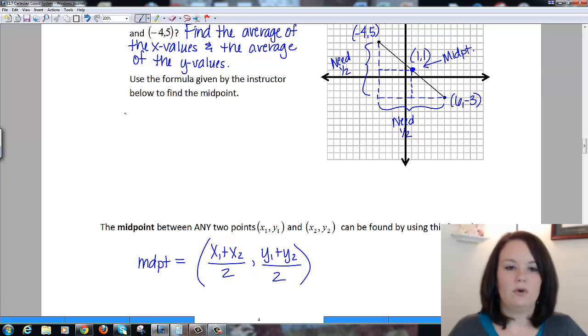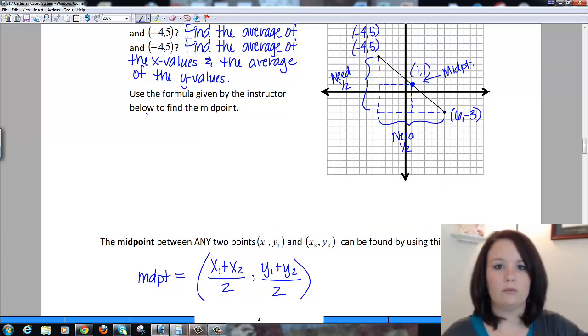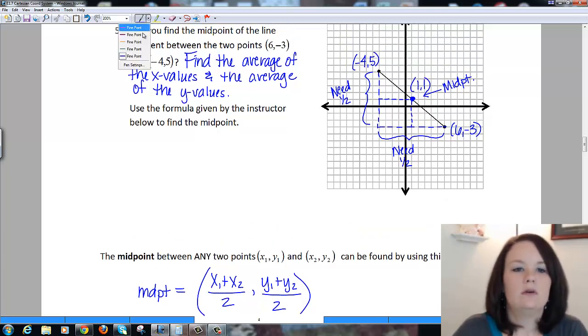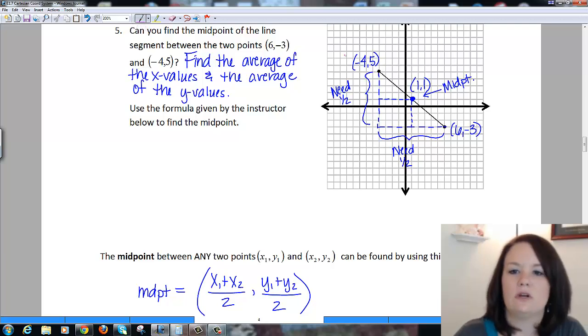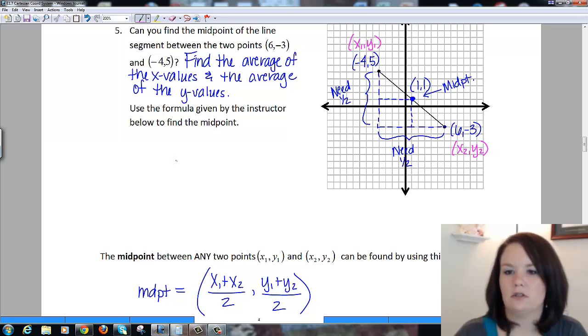So our midpoint, if we average our x's, okay, I'm going to call the higher point my first point and the lower point my second point. So I'm going to go ahead and label this one. I'm going to call this one x1, y1, and I'm going to call this one x2, y2. Okay.